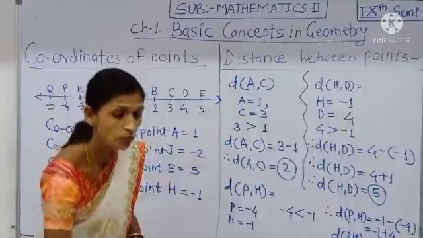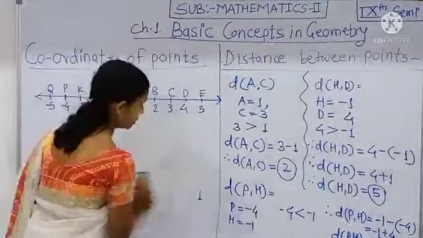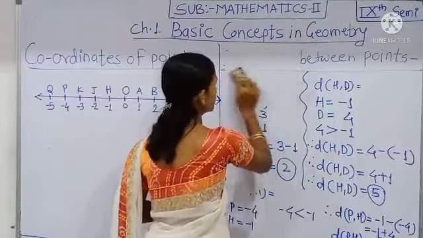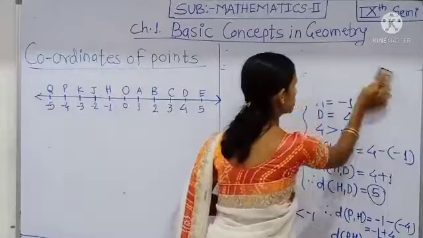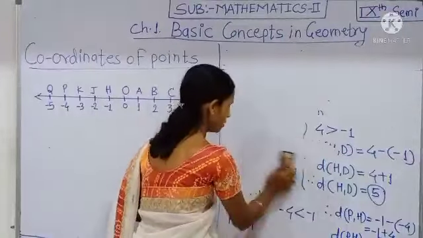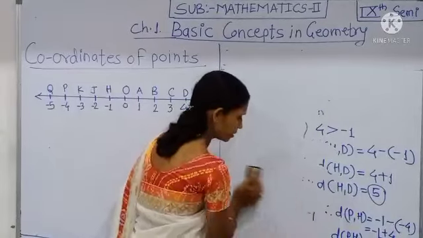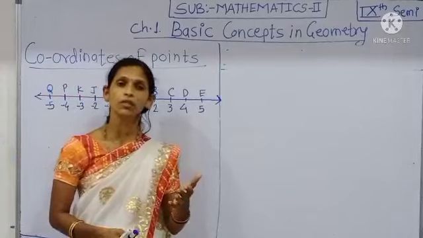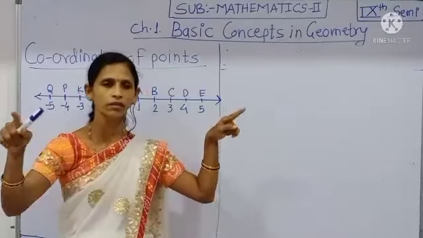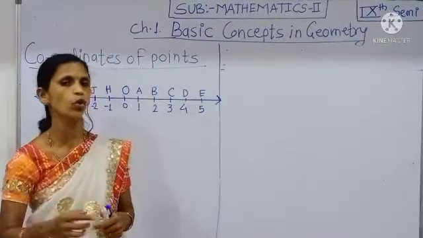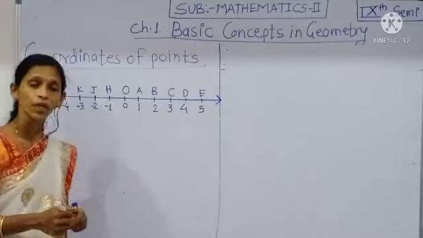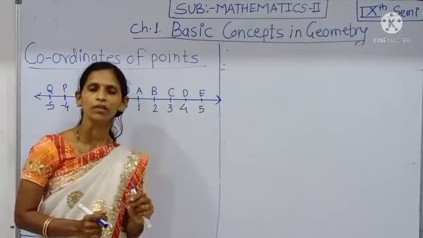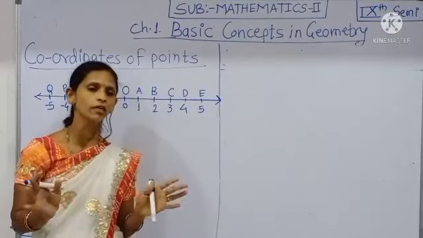Then one more concept, that is betweenness of points. If there are collinear points, the points which lie on a single line are called collinear points. Then there are 3 possibilities between collinear points.